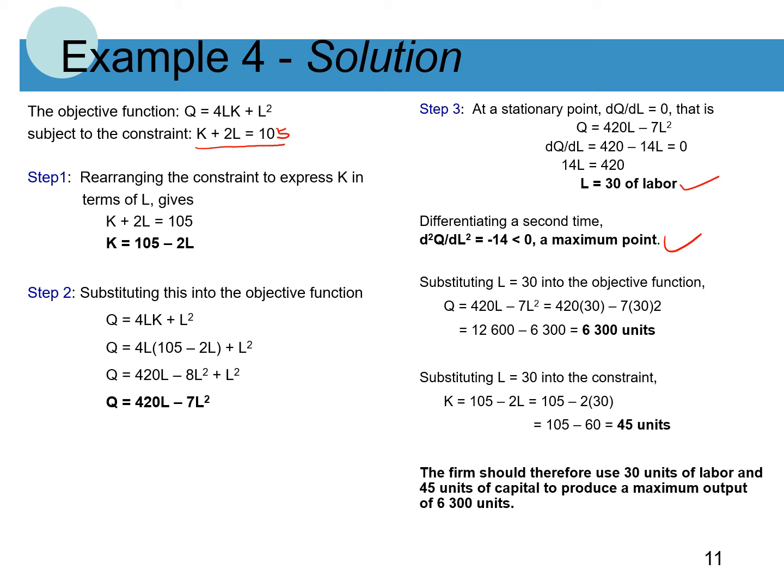Therefore, K is equal to 105 minus 2L equal to 105 minus 2 times 30. Then we have 105 minus 60 equal to 45 units. Then, based on this, we found that the firm should therefore use 30 units of labor and 45 units of capital to produce a maximum output of 6,300 units.